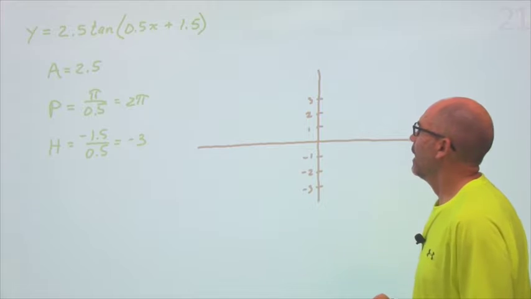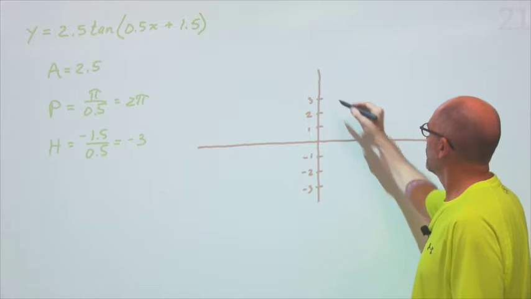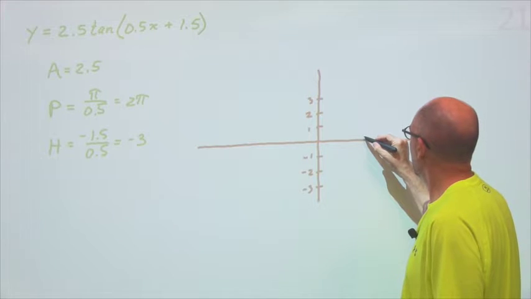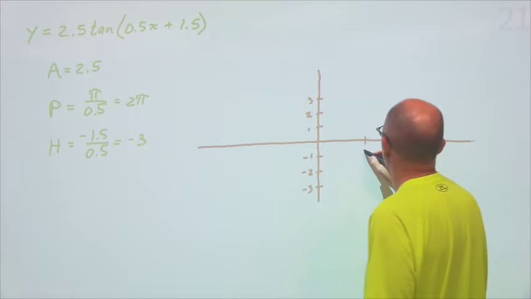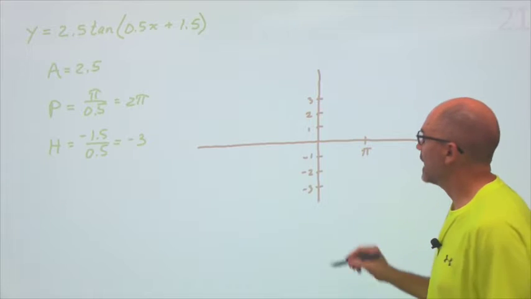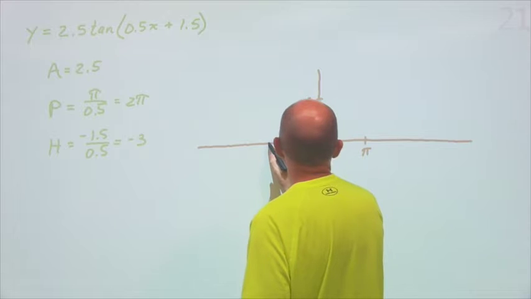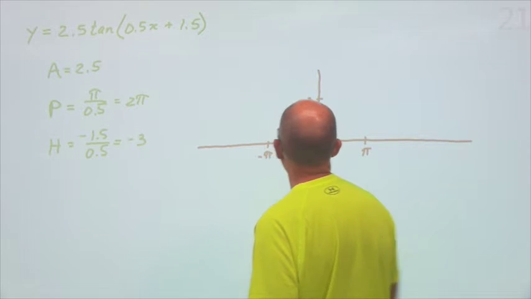Okay, now the period is 2 pi, so if this is 3 up to here, then pi would be right about here. Now remember, it's a tangent curve, so tangent must straddle the y-axis. So I'm going to put pi here and negative pi here.